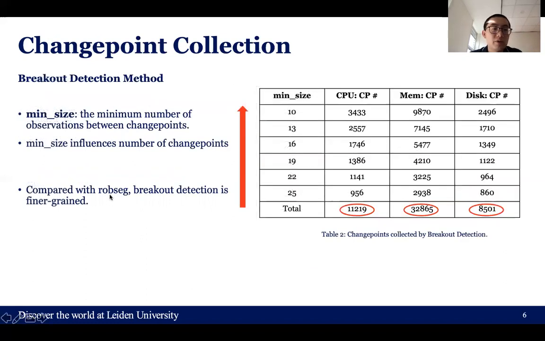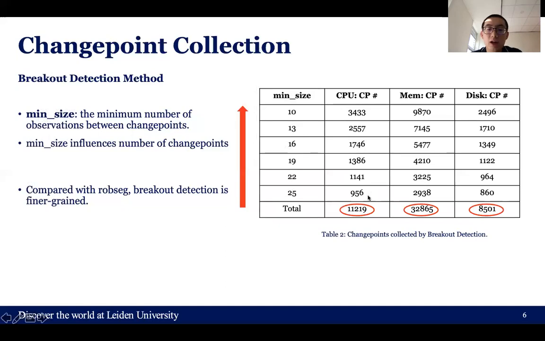The second method we use is the breakout detection method, and we tried different values for min size. We tried from 10 to 25, and the min size is the minimal number of observations between change points. As we can see here, with the min size decreasing, the number of change points increases.